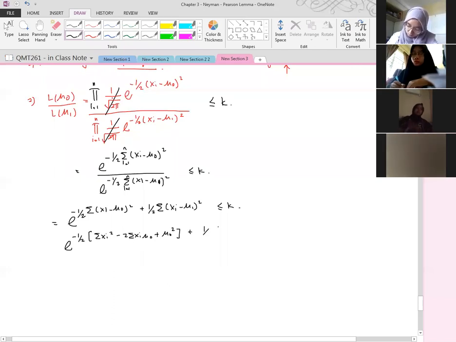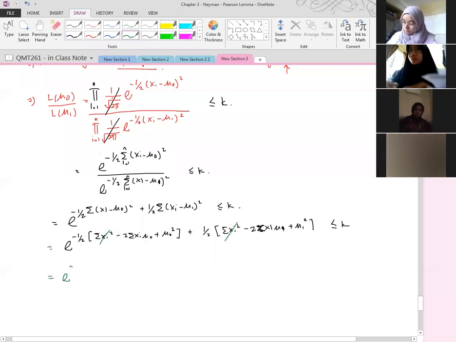Plus 1 over 2 summation of xi squared minus 2 summation of xi mu1 plus mu1 squared, right? Is less than or equal to k, right? So we can remove this one and this one, right?